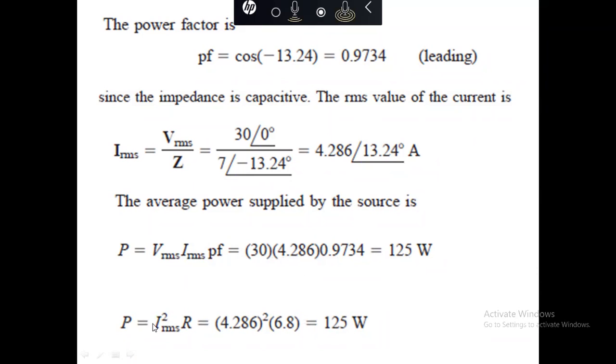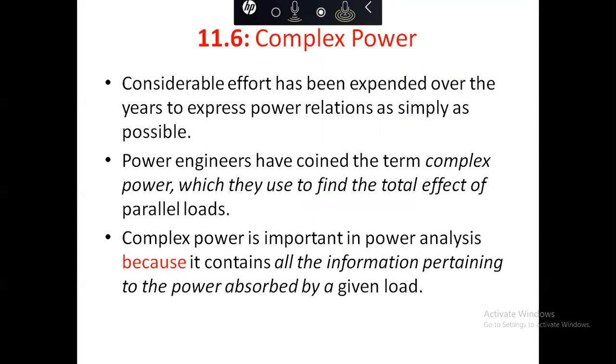Or if we take I square RMS and the resistive part of this load impedance, that is also 125 watt. So I hope now you are clear how to solve these examples.